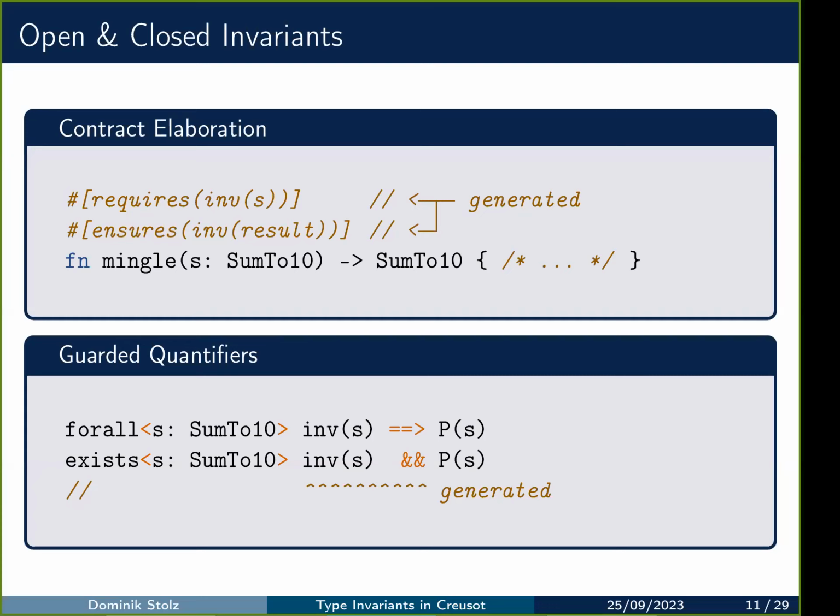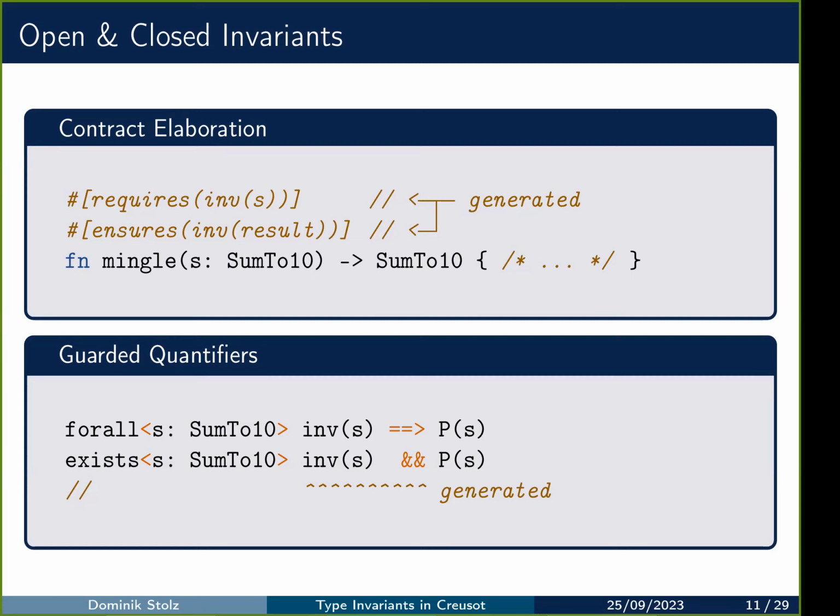So here for the mingle function, we add a precondition requiring the invariant of s, and we add a postcondition ensuring that the return value, denoted by the symbol result, in fact satisfies the invariant.